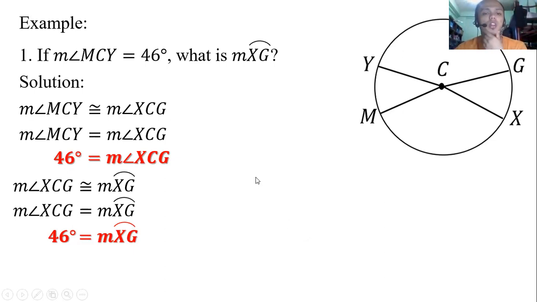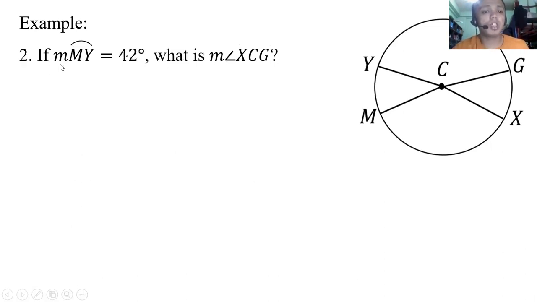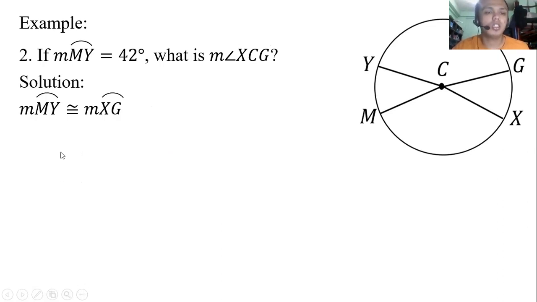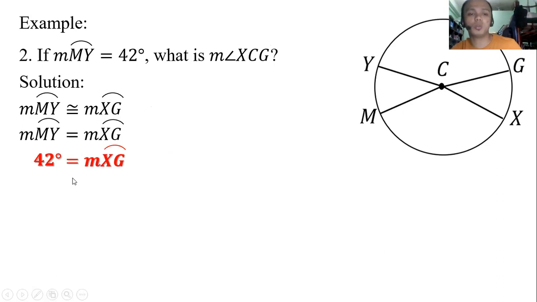Another one. If measure of arc MY is 42 degrees, what is measure of angle XCG? Ito yung MY. Ito naman yung angle XCG. Now, again, your MY here is congruent to XG, and then they are equal. If your MY is 42, then your XG is also 42.